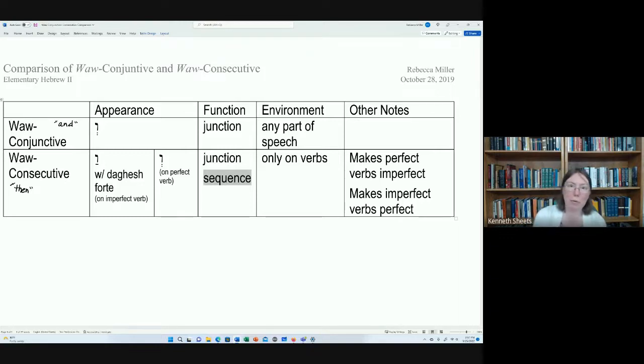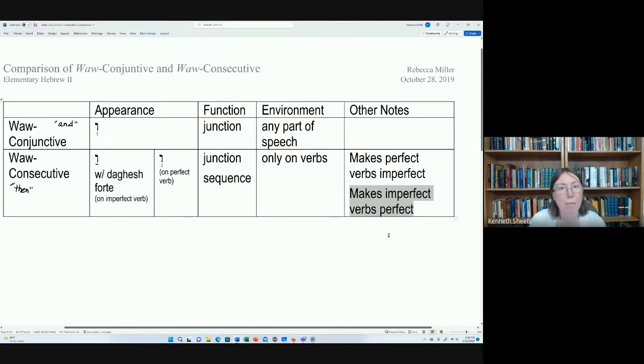Now, as we go through this a little bit further, you will see that sequence may not necessarily always be temporal, that is, related to time. It may also be logical as well. But basically, it is this idea of "then." And so, vav with a patach followed by a dagesh forte. And when this vav consecutive is on an imperfect verb, look at what it does. It makes imperfect verbs perfect.